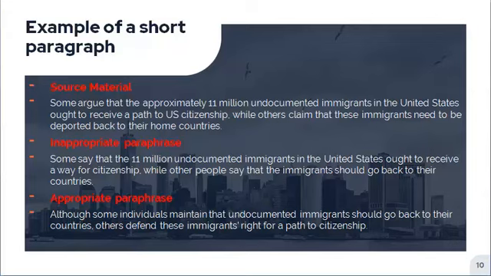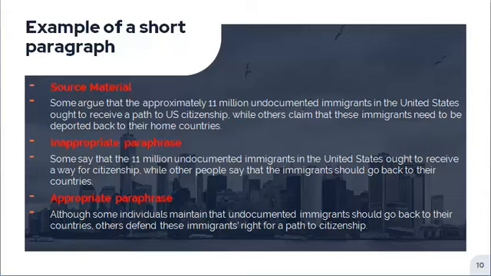It's not well paraphrased. And at the end we have an appropriate paraphrase. So I want you to pause and read the three texts and answer this question: what makes the second version inappropriate, and what makes the third version an appropriate paraphrase? So take some time and answer this question.